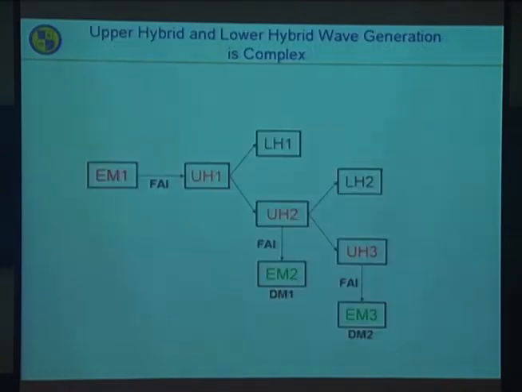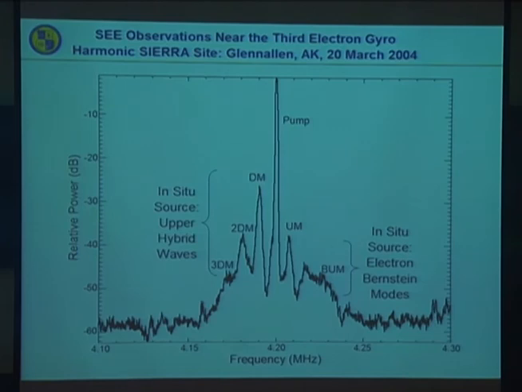Next slide, please. The most common stimulated electromagnetic emission comes from a very complex process. It's the field line irregularity conversion of electromagnetic waves into upper hybrid waves, parametric decay into a lower hybrid, another upper hybrid, that decays into another lower hybrid and upper hybrid, and then these convert into electromagnetic waves on the ground. Next slide. The spectra for those waves, besides the pump wave, is something called the downshifted maximum.